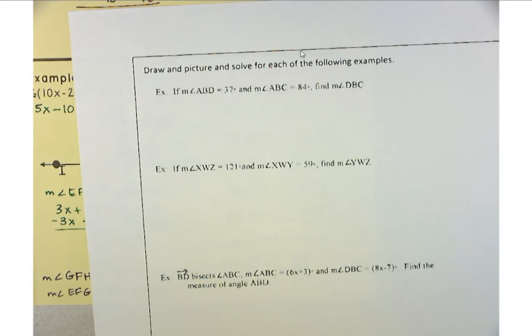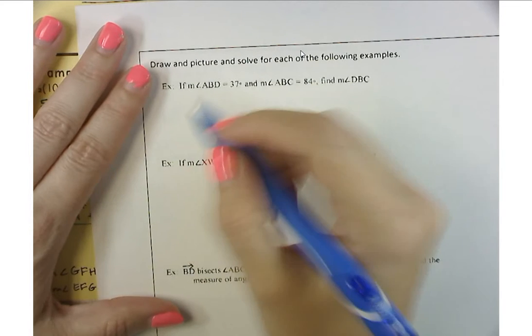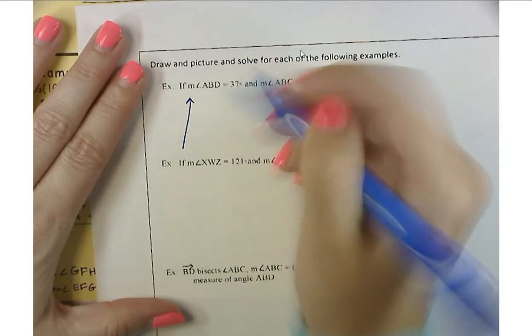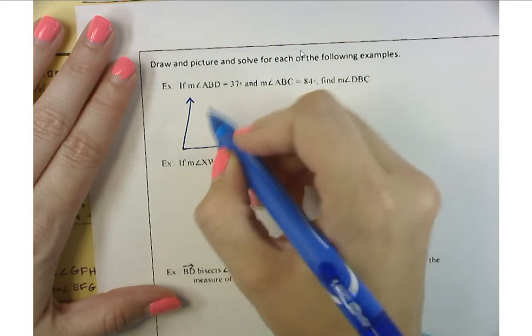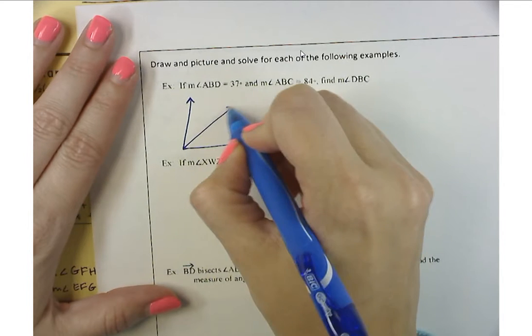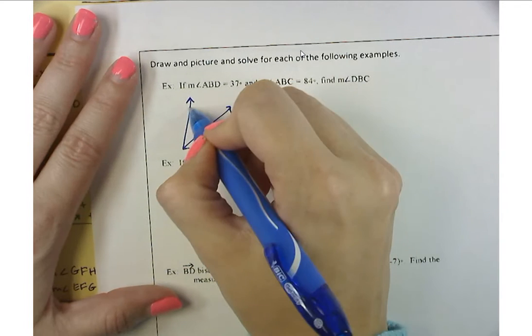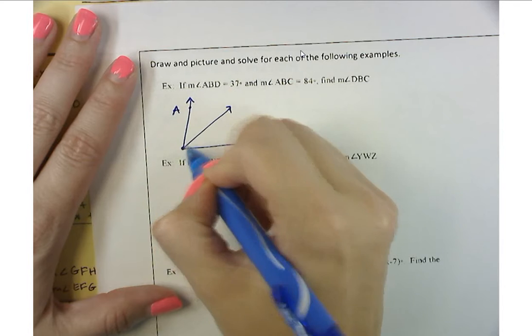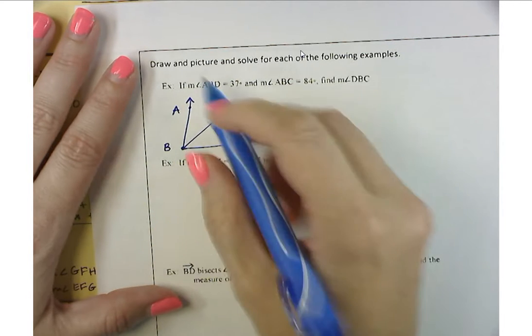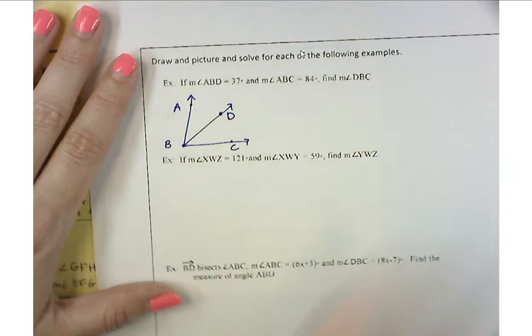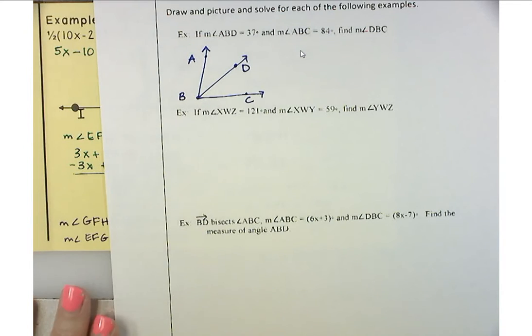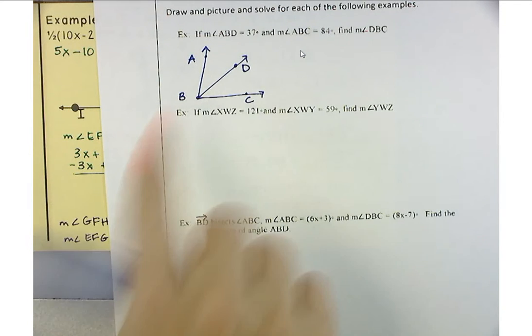All right, so the picture for the first one, and for these 2, your picture would be given to you. That's why I am drawing them for you. The other 2, you're going to draw your own picture. Okay, so here's your picture for the first one.